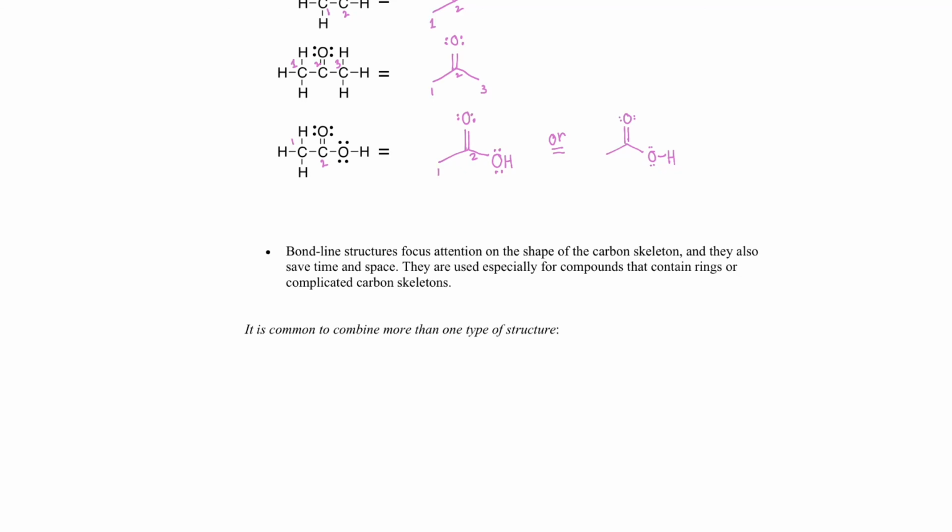It is pretty common in organic chemistry to combine more than one type of structure, just because sometimes a combination of different shorthand representations is the most efficient way of letting people know what structure you're driving at. So let's look at our first example.